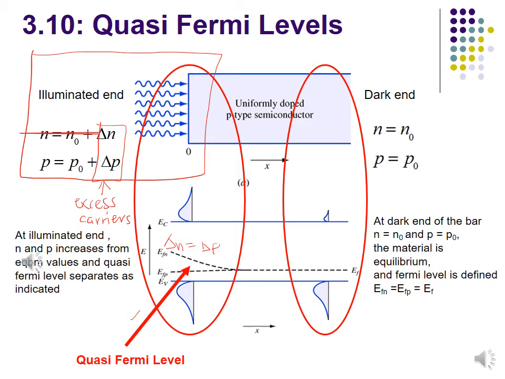EFn is the quasi-Fermi level for electrons, and EFp is the quasi-Fermi level for holes. Notice at the dark end, the carrier concentration is the equilibrium carrier concentration without delta n and delta p. In this example, since the sample is a p-type semiconductor, p0 is equal to Na, and thus n0 is ni squared over p0.